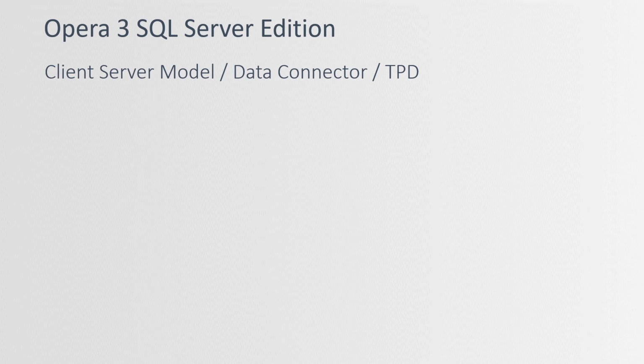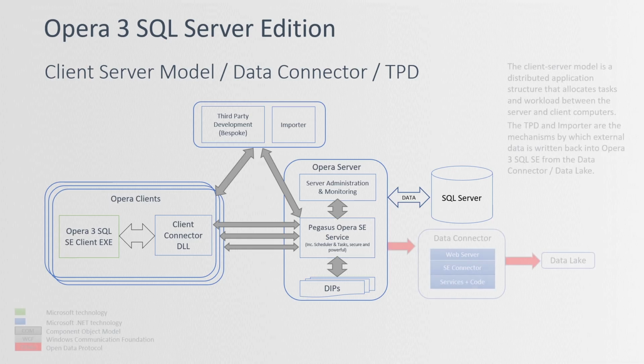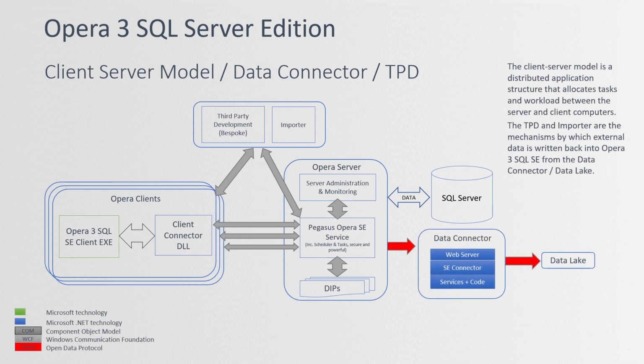So, how does that fit in with Opera 3 SQL Server Edition? You might recognize this image from various other presentations, where you've got the client-server model. We've got the executable, the DLL, and the service, of course, that's running with the SAM on the server. We've got the third-party development, which is the bespoke element, as well as the importer, and then, of course, the data in SQL. With the introduction of the data connector, we're going to add another element to the diagram.